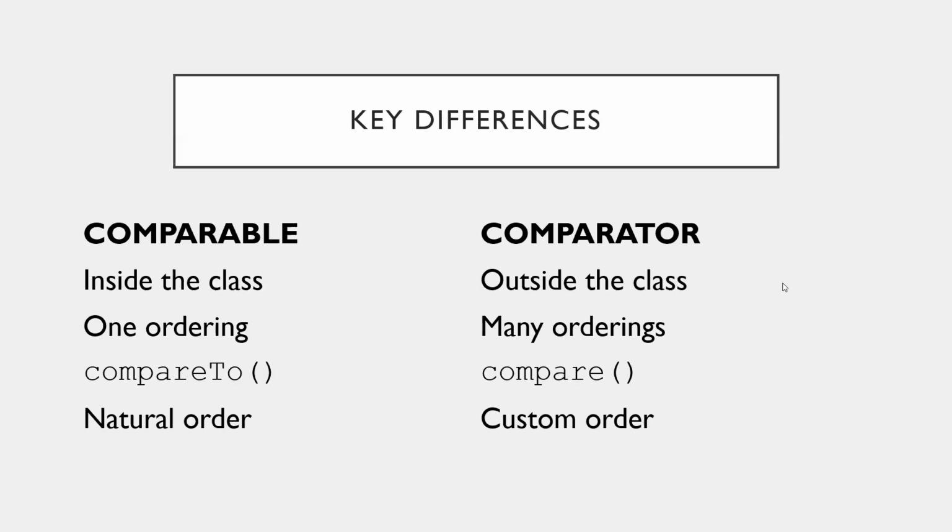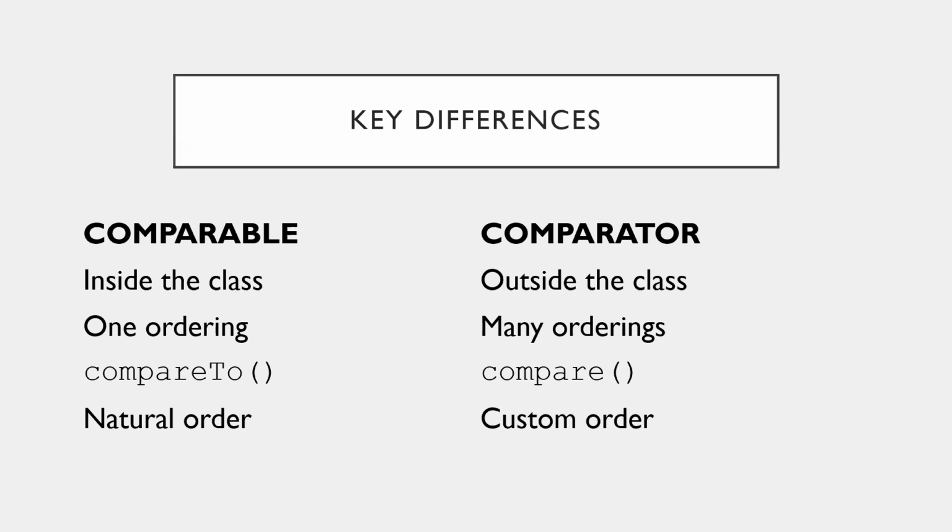So again, the key differences: Comparable versus Comparator. Comparable is inside the class. Since it's inside the class, there's only one compareTo method, which means one ordering, and it follows the natural order.